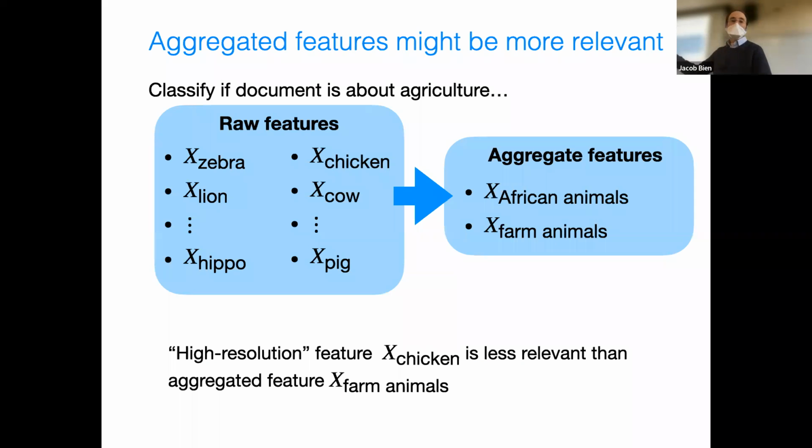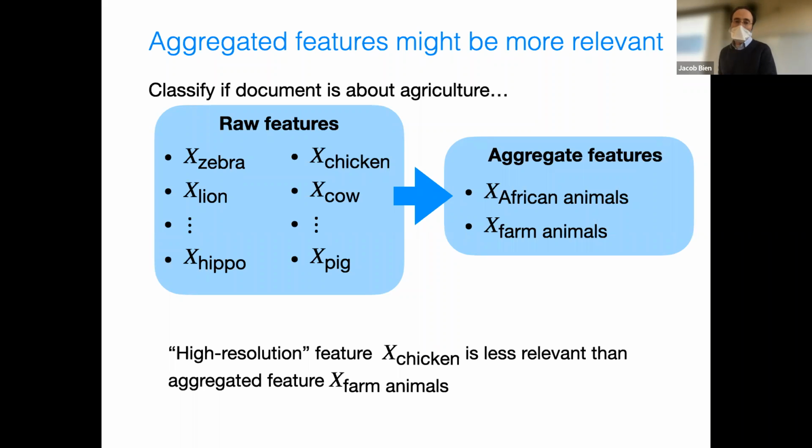Maybe our goal is to predict whether this is a document about agriculture or not. It could be that it doesn't matter how many times the word chicken versus cow was used. Probably it just matters whether it was a farm animal or not. If we could somehow access this aggregated feature of how many times any farm animal is mentioned versus how many times any African animal is mentioned, maybe those 2 features would be a useful way of telling whether this document is about agriculture or not.